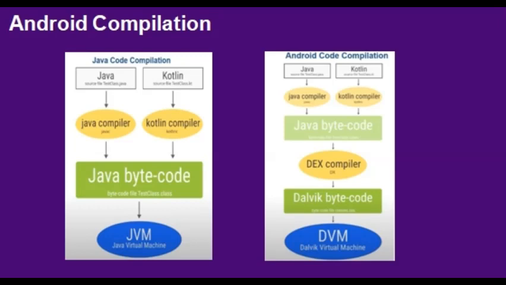That is why it is converted to Dex bytecode, because DVM understands it, and then this is now the executable in the virtual machine in the Android operating system known as Android runtime, or we can say Dalvik virtual machine for Android versions.